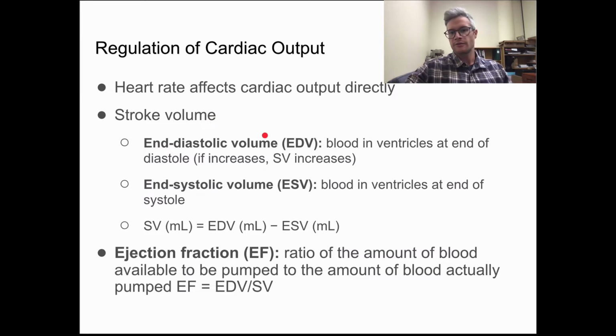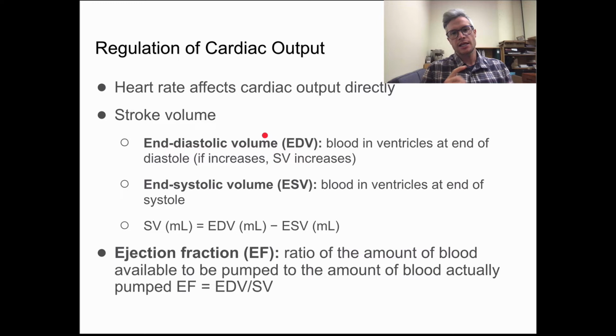So end diastolic volume: we know what the diastolic phase is, right? That's the part of the heart cycle that relaxes and allows blood to fill the heart again. And end systolic volume is the volume within the heart, in particular I should specify, in the ventricles at the end of heart contraction.